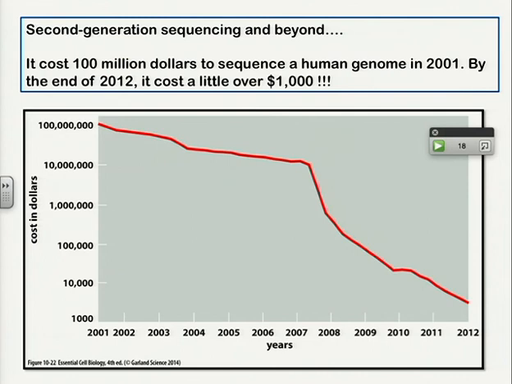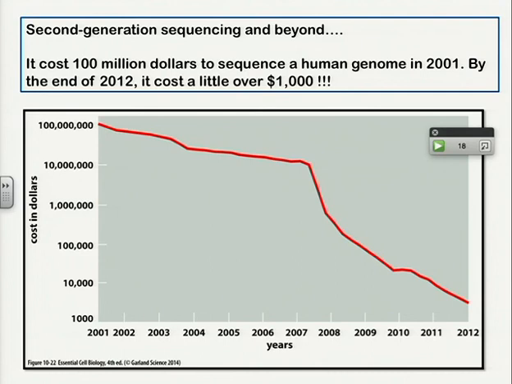Okay. So since then, there's been second generation and even third generation sequencing. So much improvement in the technology and the automation that it cost $100 million to sequence the human genome by 2001.